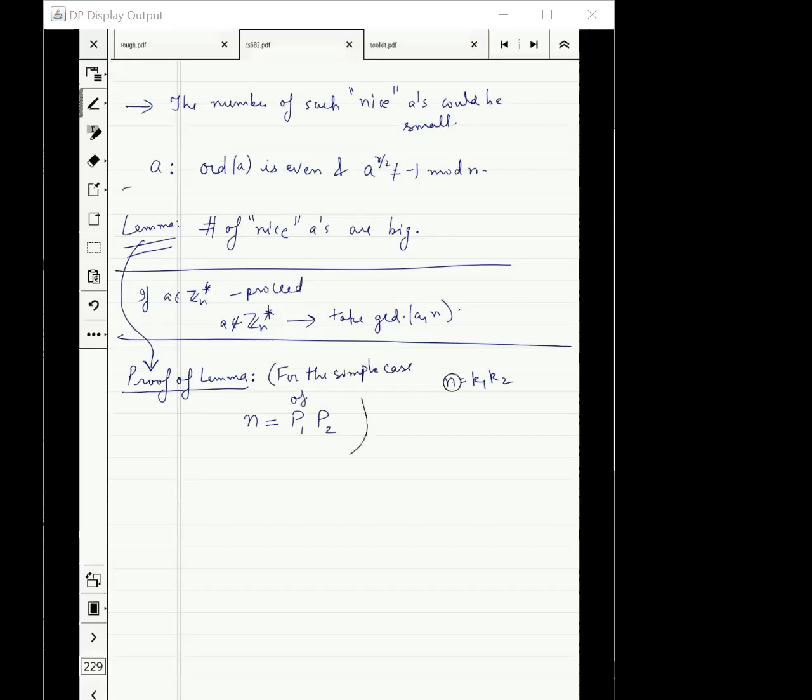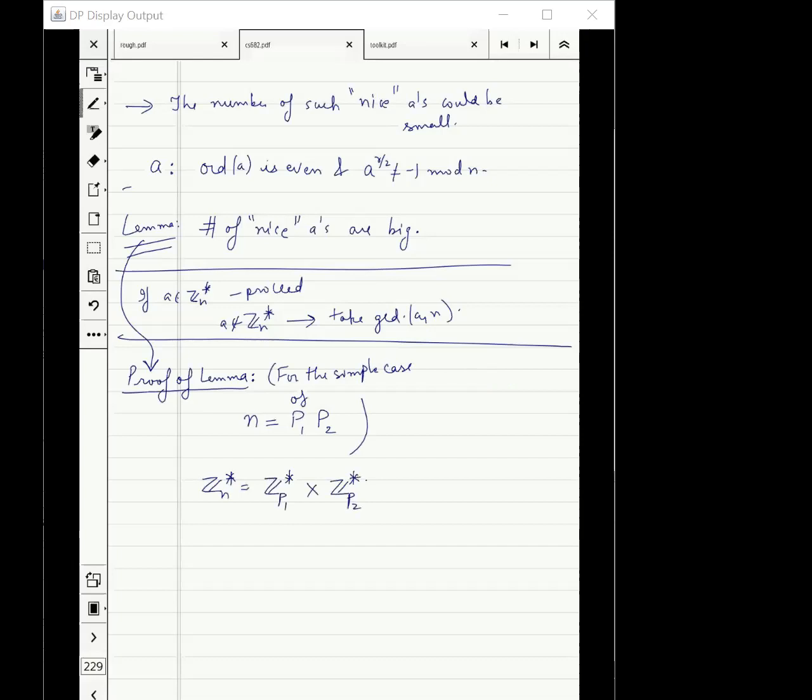Of n equal to p1 p2. Even this will only be an idea. Now, if n is equal to p1 p2, then actually it is known that Zn star can be thought of as the product of two groups, Zp1 star and Zp2 star.